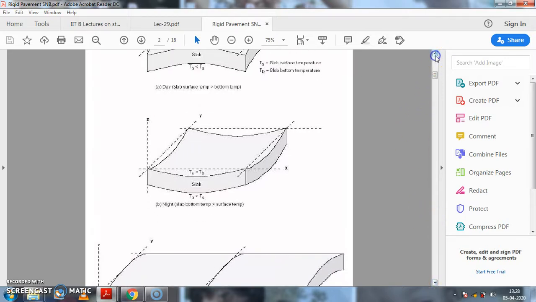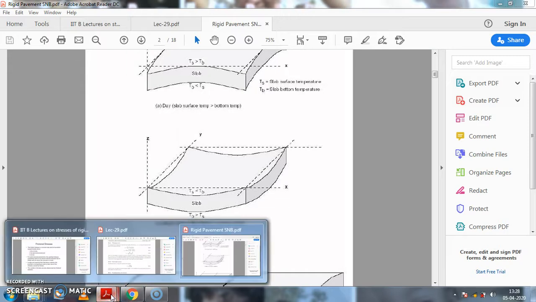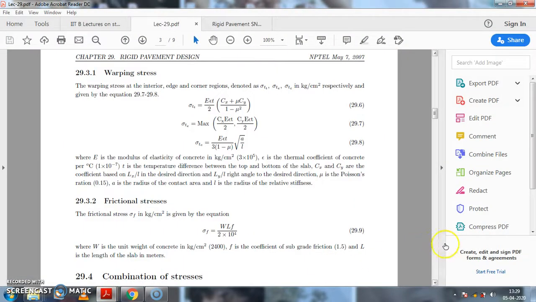Now another part you have to remember is frictional stresses. Do you know what frictional stresses are? It is very easy to understand. So what is subgrade friction? Basically, changes in the mean temperature of a slab will cause the slab to expand or contract.